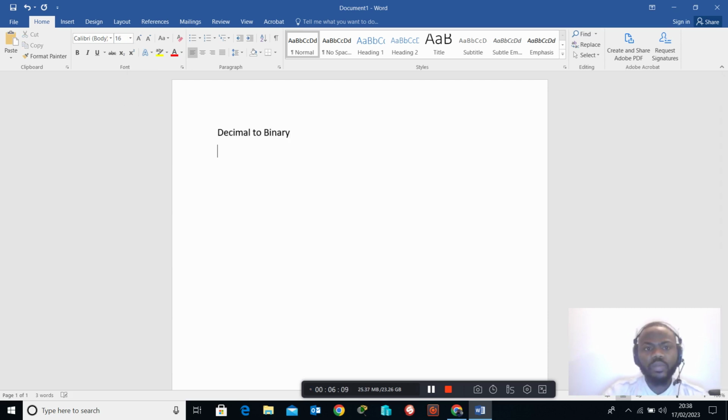Now, in order to convert anything from decimal to binary, decimal numbers are numbers from 0 to 9.